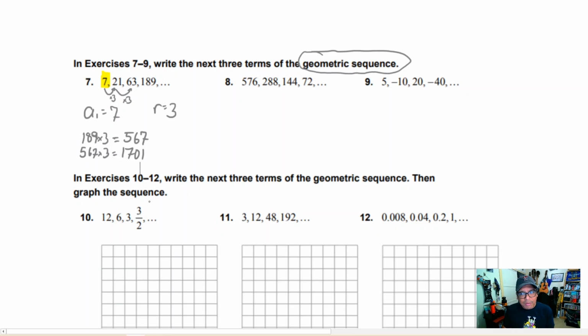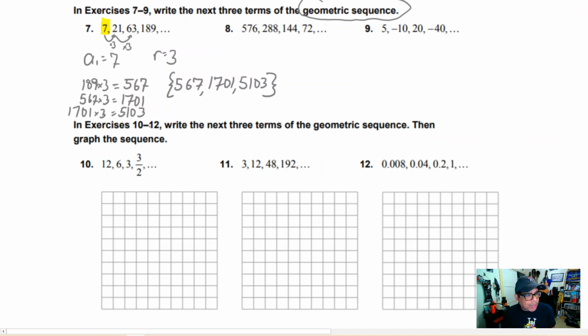That's 1,701. And then 1,701 multiplied by 3 again is 5,103. So the next 3 terms here are going to be 567, 1,701, and then 5,103.